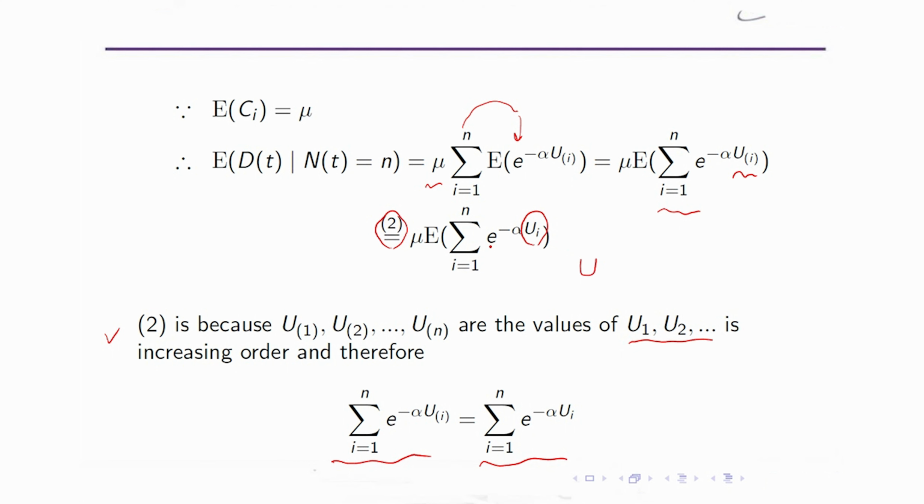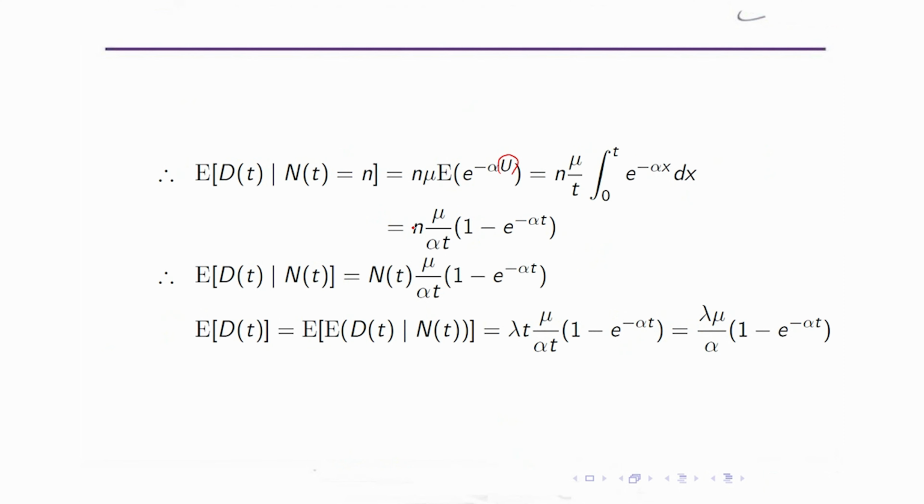Because they are IID, the summation is equal to n times the expectation, so I can move n outside and have n mu times the expectation of e to the power of minus alpha U. The expectation of e to the power of minus alpha U is equal to 1 over t times the integral from 0 to t of e to the power of minus alpha x dx, right?